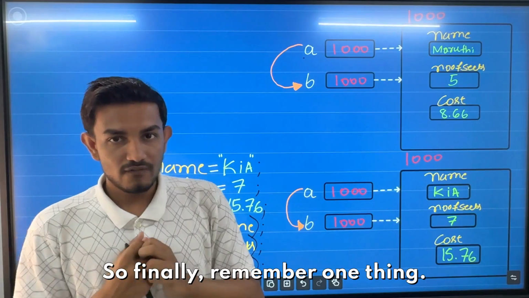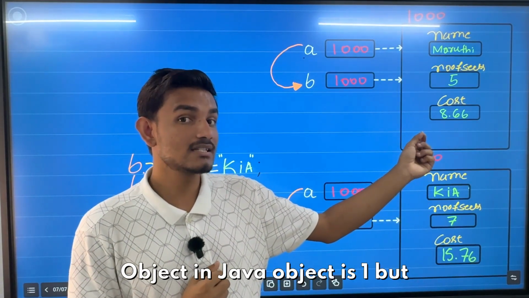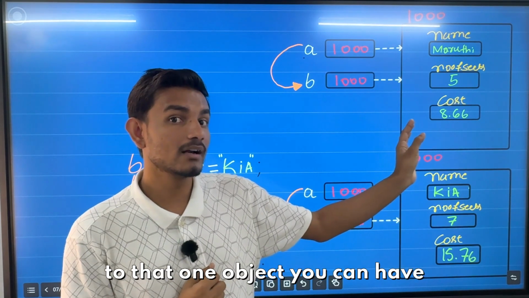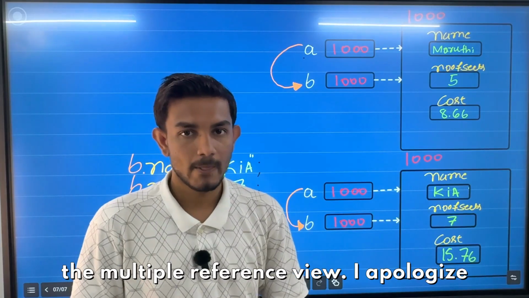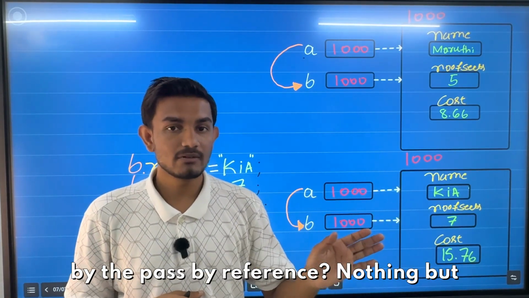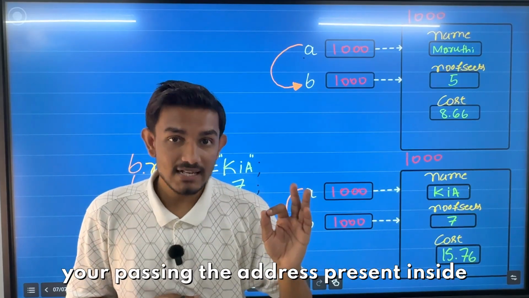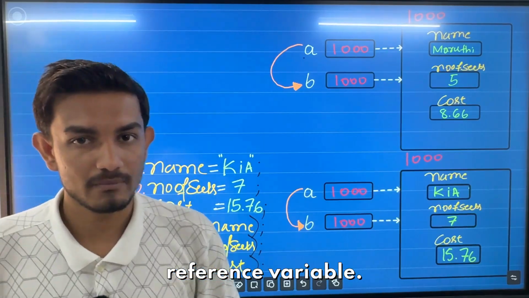So finally, remember one thing: the object in Java is one, but to that one object you can have multiple references. I hope you people are getting what we mean by pass by reference. It is nothing but passing the address present inside one variable into another reference variable.